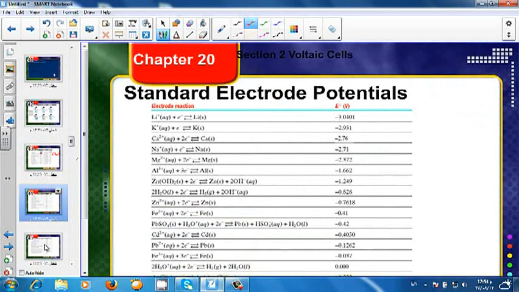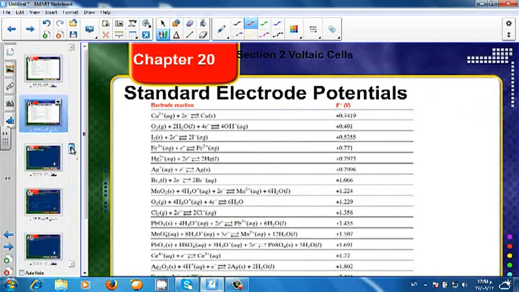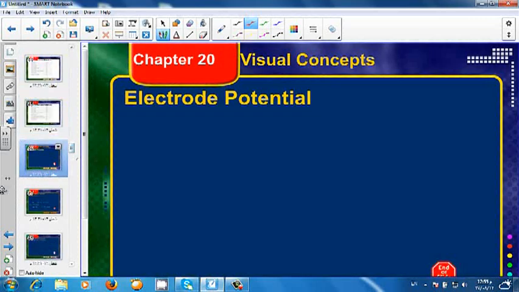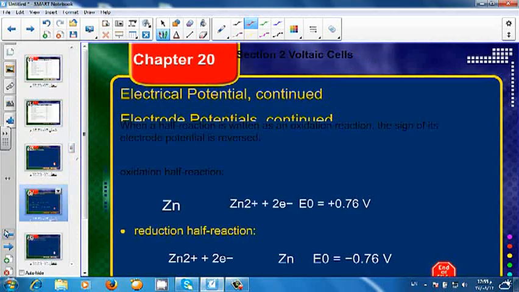We have extra values here and here also, that we will use as a reference in order to calculate our electrode potential. So here this is for our Voltaic cell, the oxidation half reaction. This is for zinc.